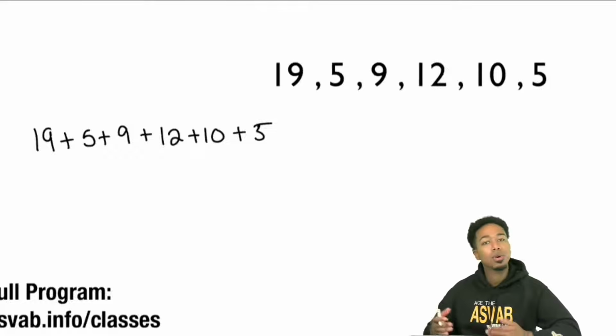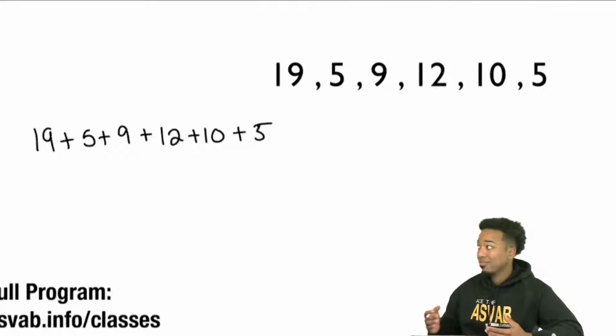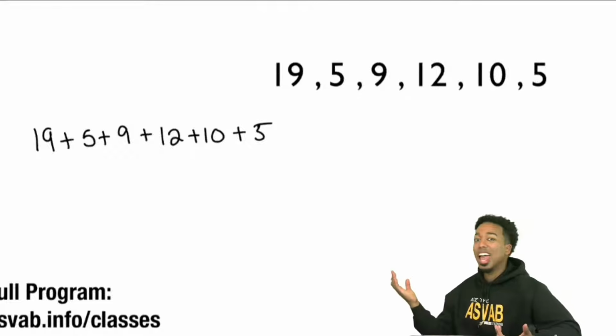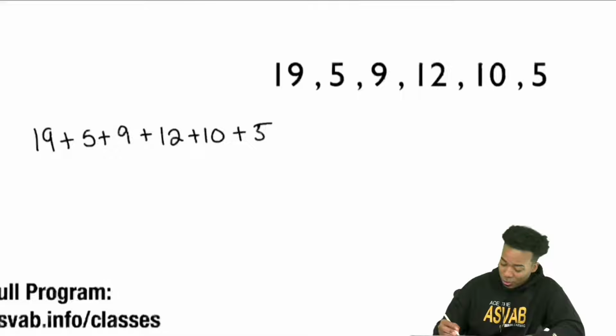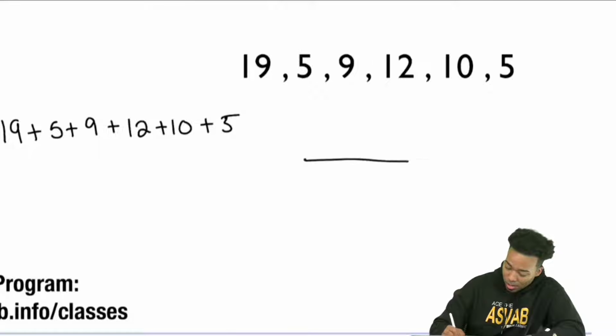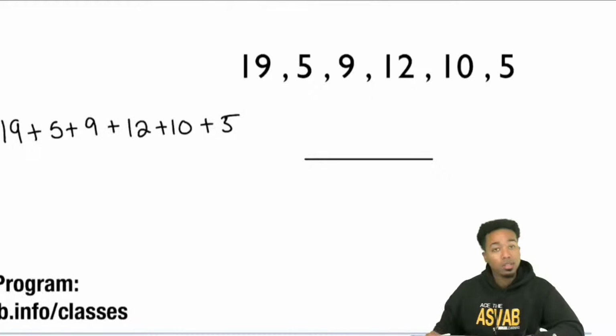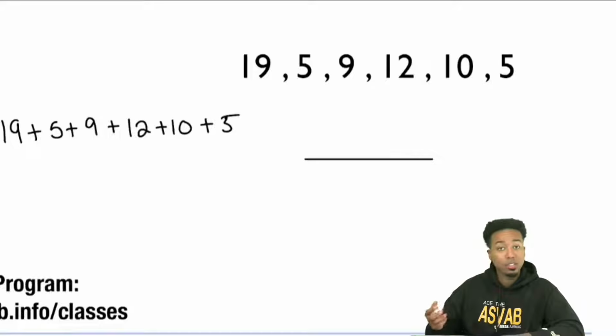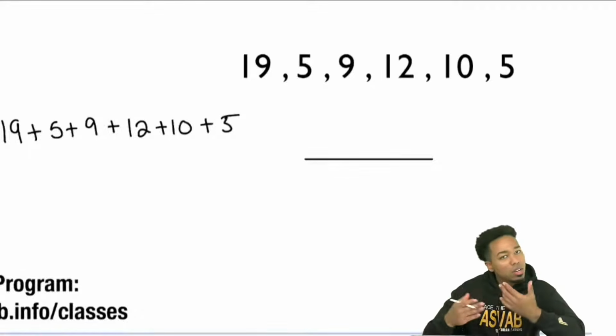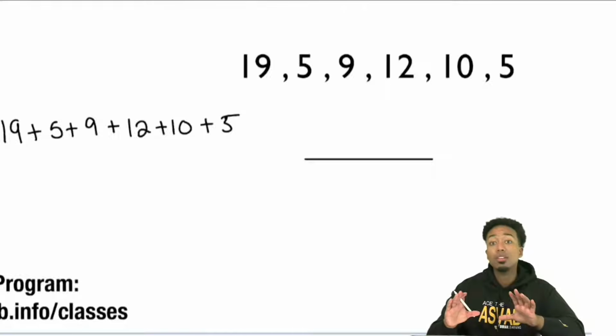But honestly, one thing that I do recommend is the numbers, they're already written down. You don't need to write them down a second time. My recommendation is just going ahead, straight up writing your fraction, and just at the top, write the sum in there. So we can actually just do that by eyeballing it. If you have a little bit of mental math practice, this can be very, very easy.